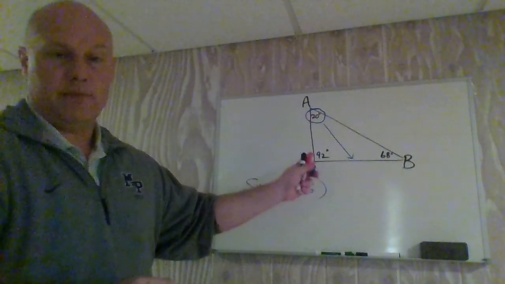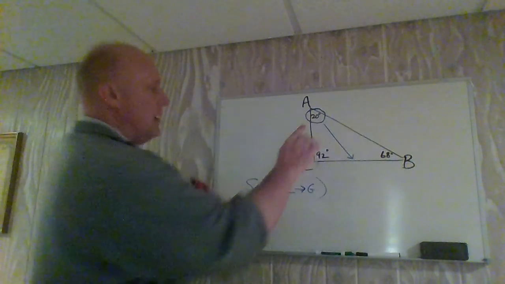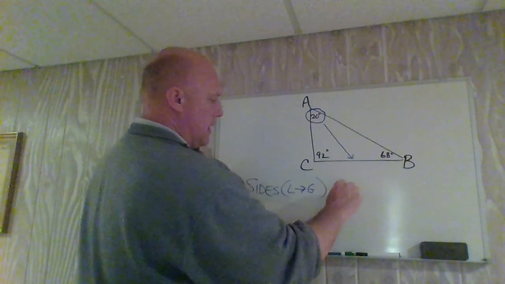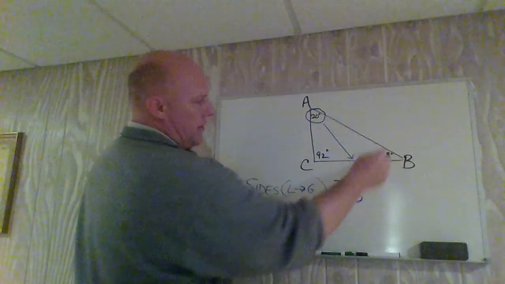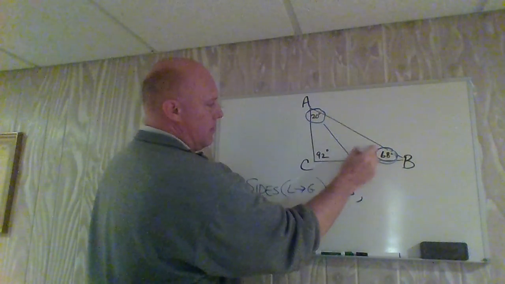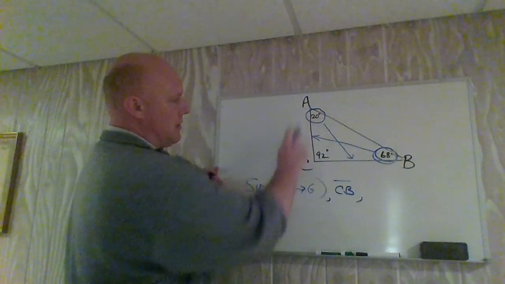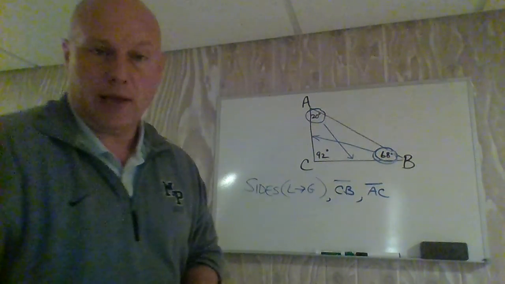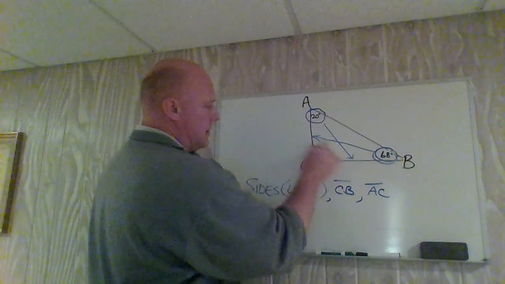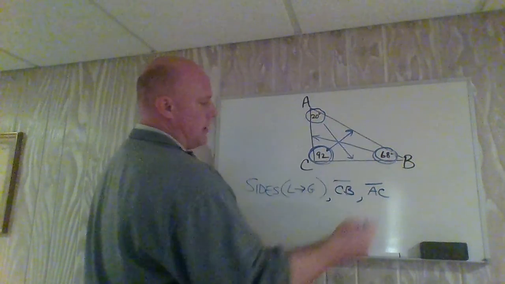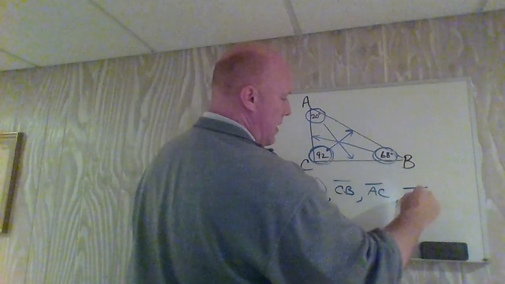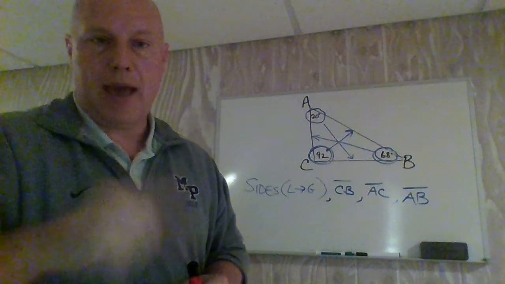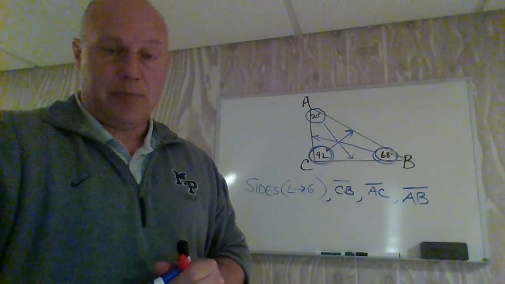Now, this triangle again is not drawn to scale, but by rule, the least would be CB. This is the middle angle measure, so the side opposite of that would be the middle length of the triangle. And since this is the biggest angle, the side opposite of that should be, in theory, the biggest side. So we're looking at angles and their sides opposite.